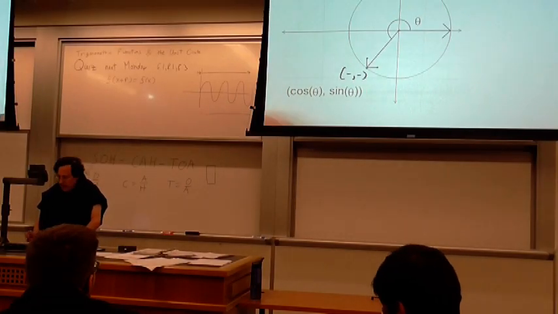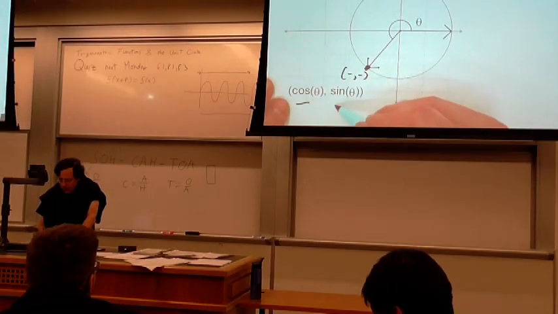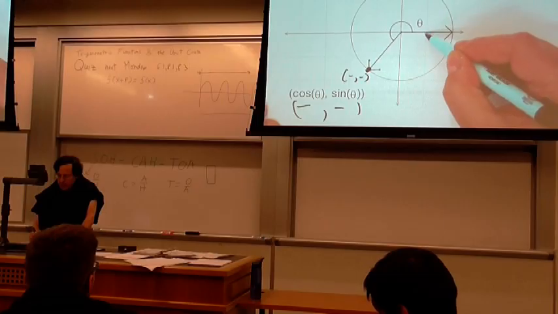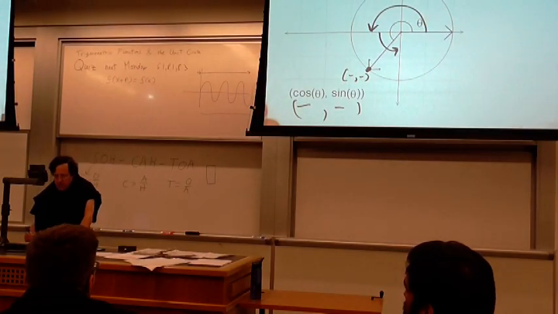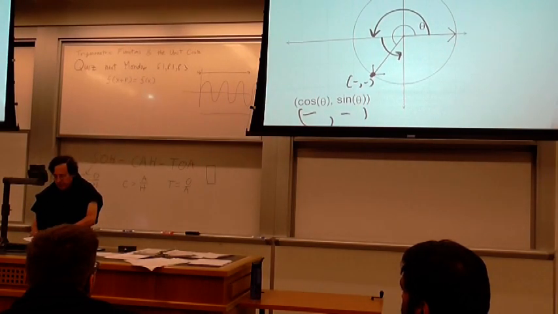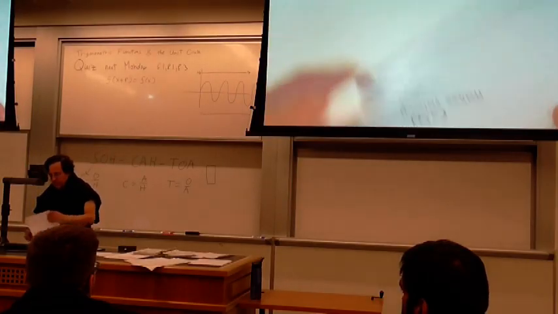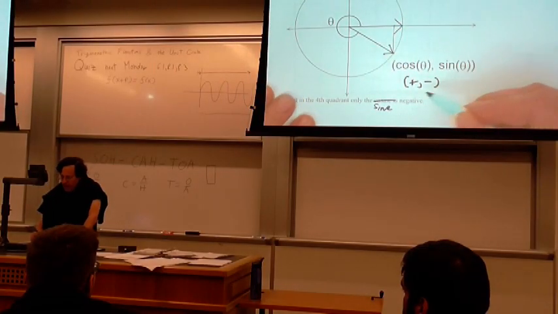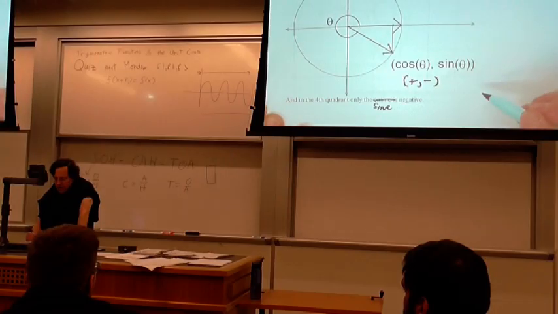Yeah. Okay. In the third quadrant, you see both coordinates are negative, right? This is an angle between 180 and 270 degrees. And then finally we have, in the fourth quadrant, the cosine is now positive, but the sine is negative.